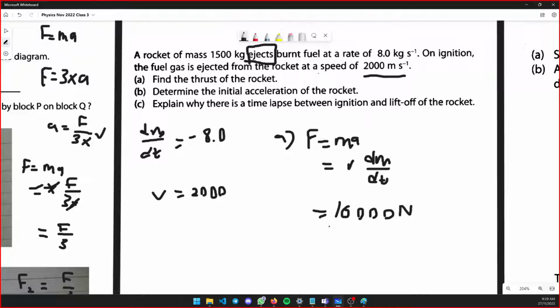It's okay if you want to give the full value like this, but they also use 4 significant figures. If you want, you can say 1.600 times 10 to the power of, oh wait, 4.